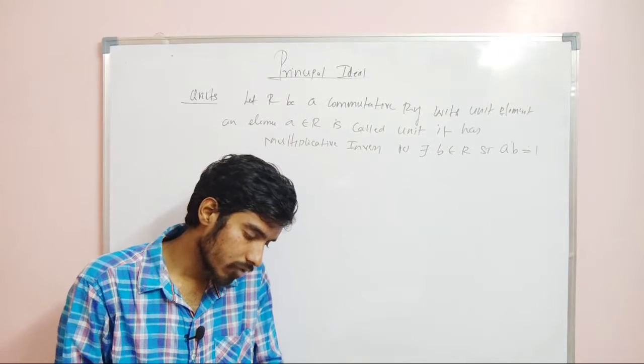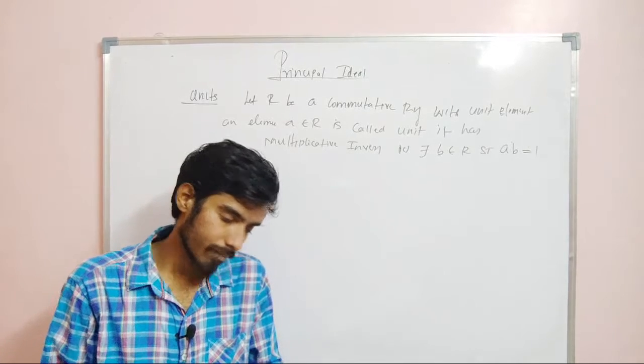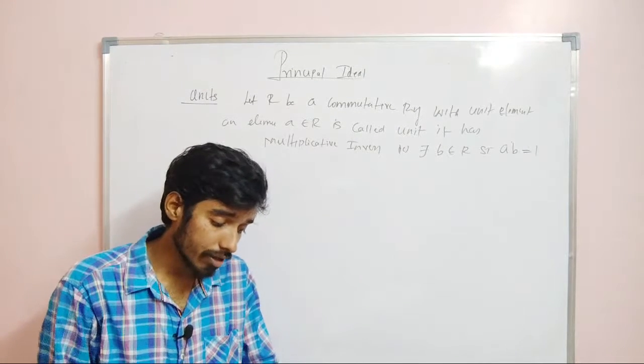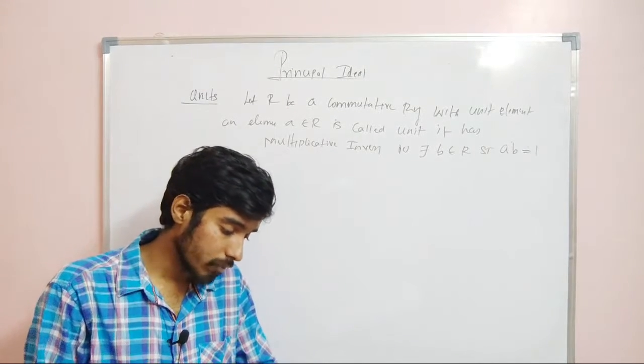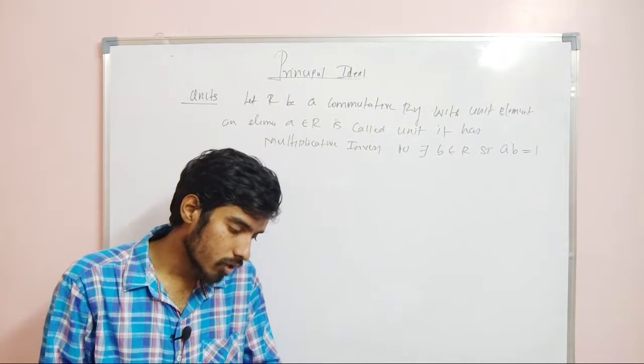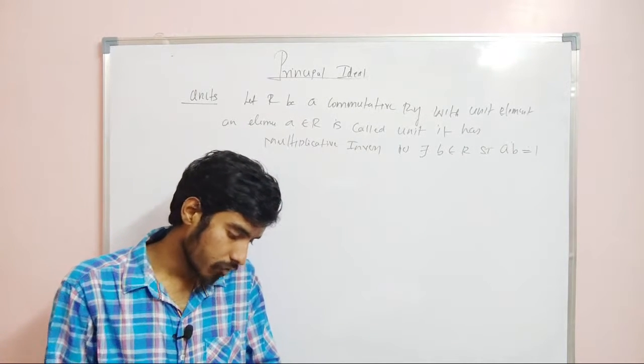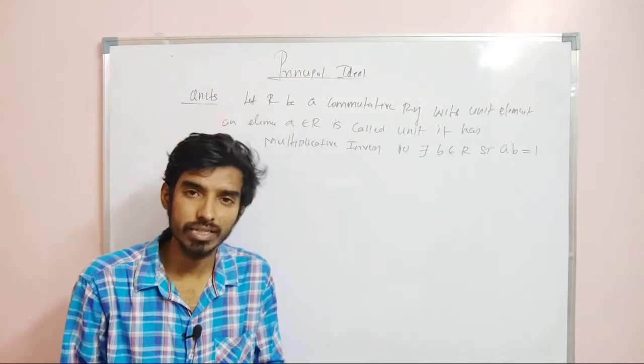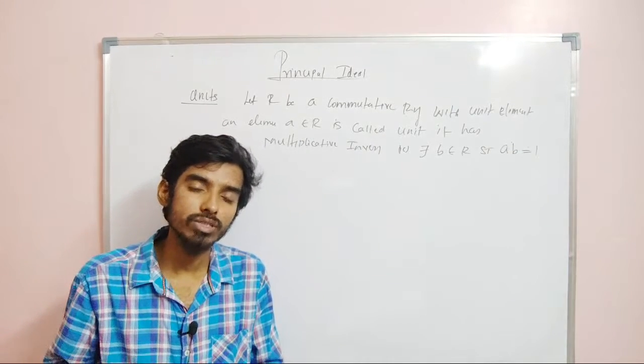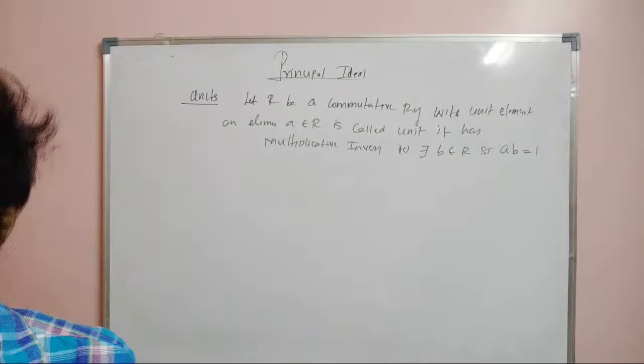So we will now find all the units of an important problem. Find all the units of the integral domain of Gaussian integers, right. We need to find all those elements which have a multiplicative inverse.